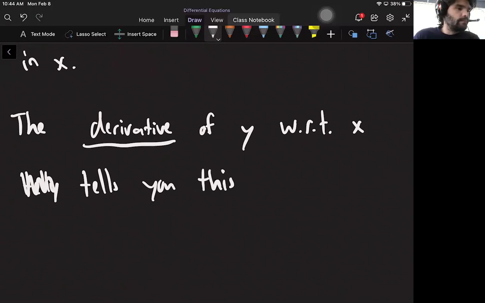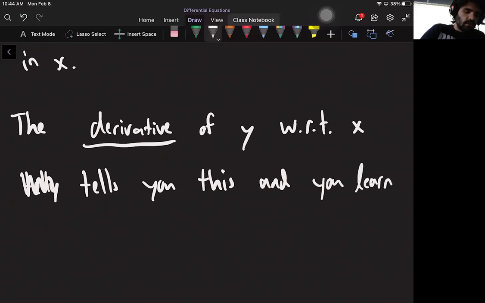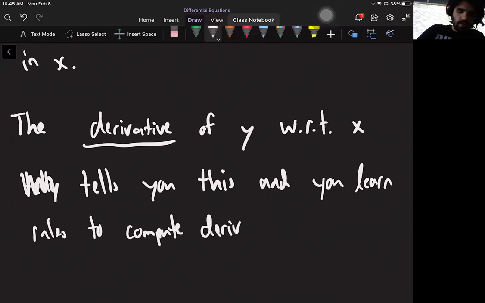And then you learn a bunch of rules to compute derivatives of functions.